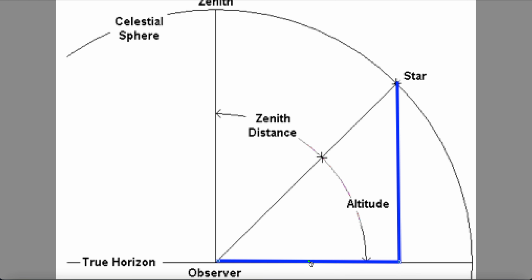Horizontals are always necessary, because you have to use 90 degrees, which means you need a horizontal and a vertical to take an elevation angle. That's what's required. When you're taking elevation angles to the stars or any celestial bodies or any elevation angle to anything, you require a horizontal baseline between the observer and the point below that you're taking an angle to. That has to be a horizontal.